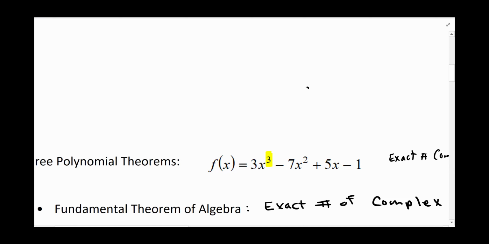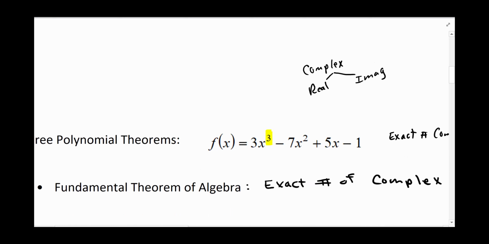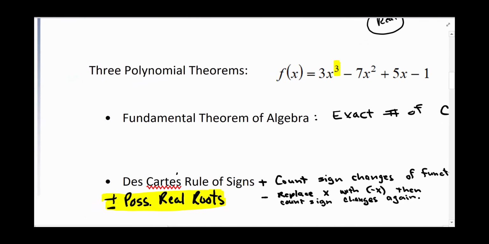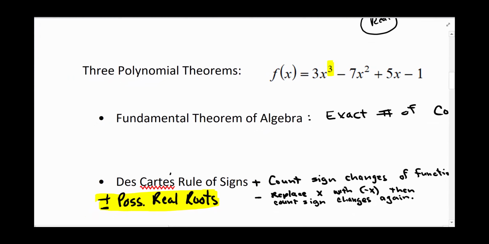Now those roots are complex, but remember, complex includes real and imaginary. So the next two theorems help us focus on this. Descartes' rule of signs helps us find the possible positive and negative real roots.